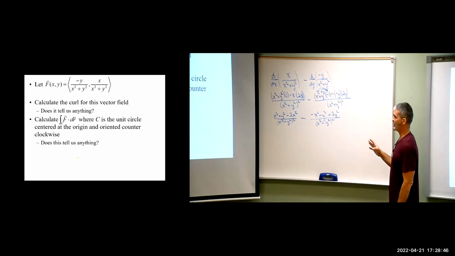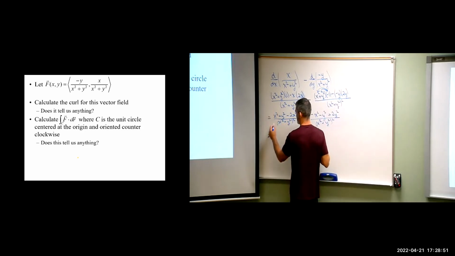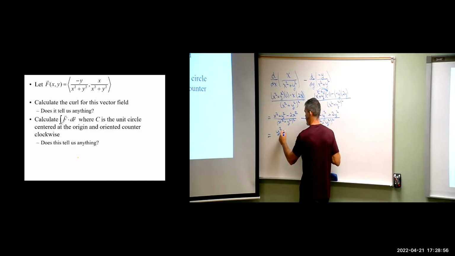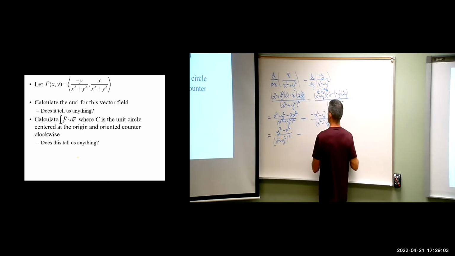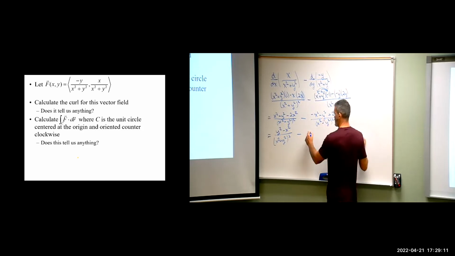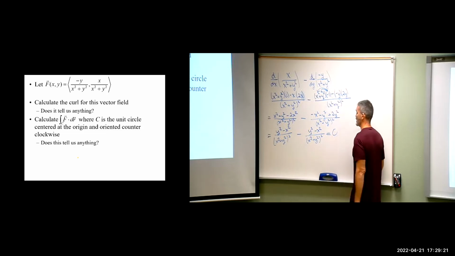You probably already see what's going to happen, but I'm going to go to the next step to make it really obvious. x squared minus 2x squared becomes y squared minus x squared over x squared plus y squared squared, minus a positive 2y squared and a negative y squared once again gives us a positive y squared. So y squared minus x squared over x squared plus y squared squared. We get 0. We love that.